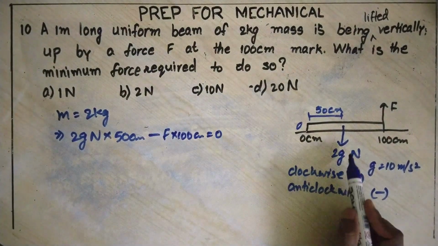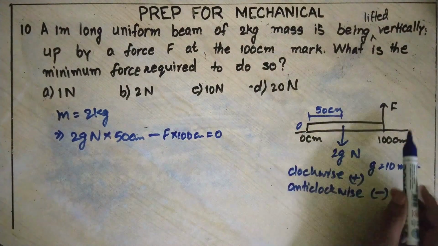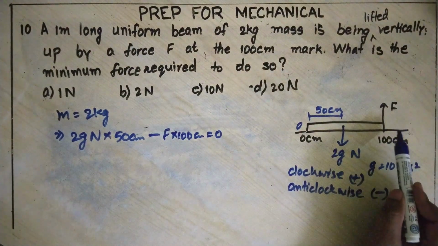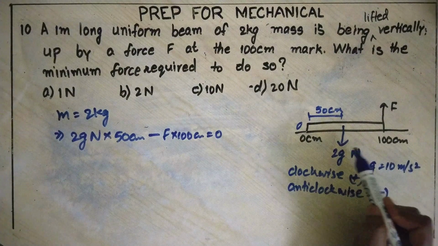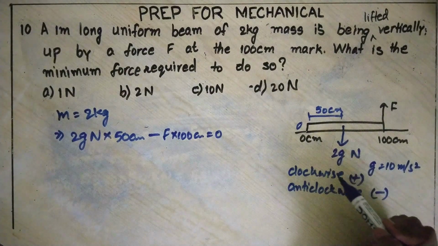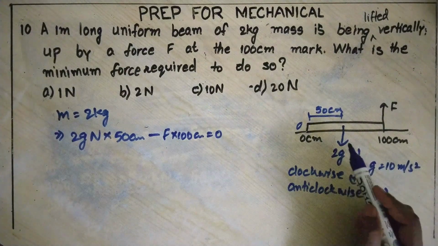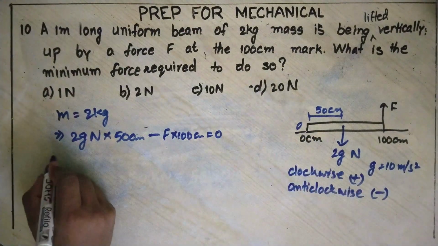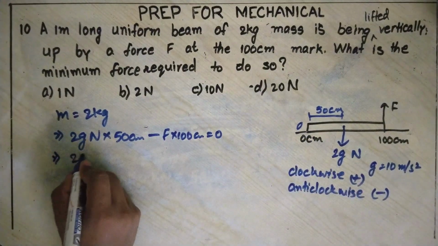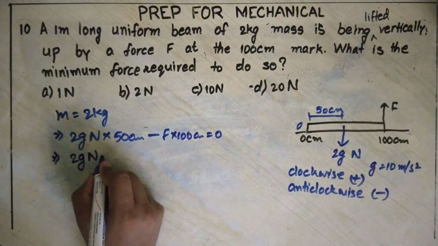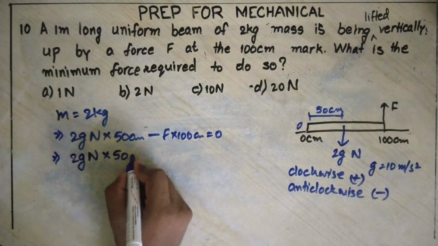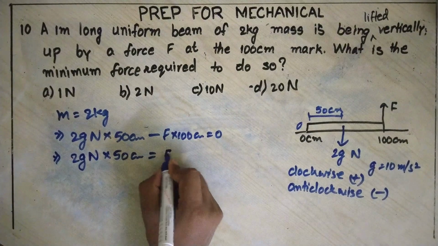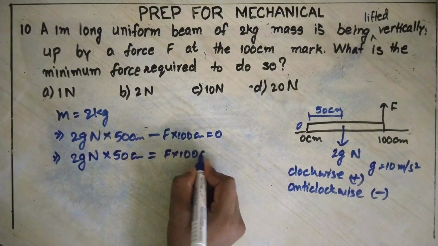We are taking F as negative because it's working in anti-clockwise direction, and 2g as positive because it's working in clockwise direction with respect to O. So 2g Newton into 50 centimeter equals F into 100 centimeter.